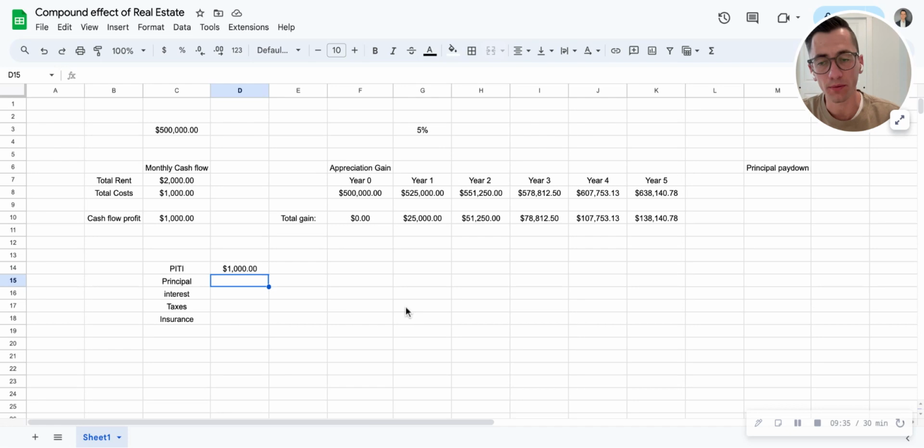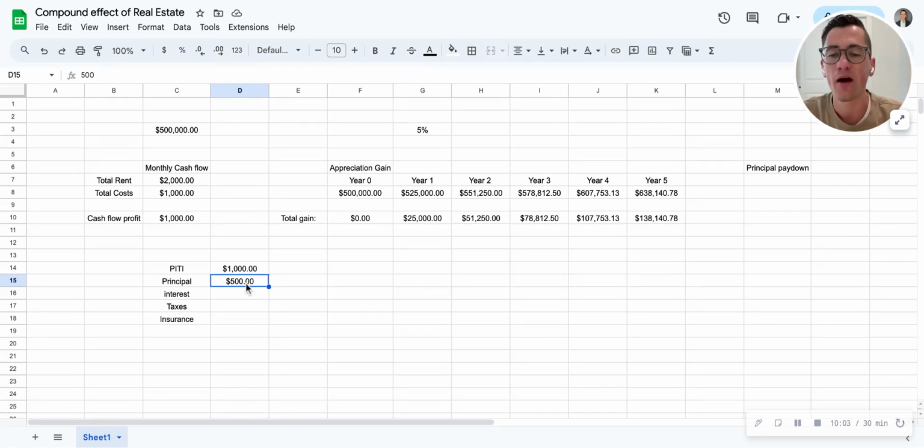Of that, your principal is what you're paying towards actually paying your loan off, right? Depending on what your interest rate is, it's most likely going to be somewhere around half to start with. So half of your monthly payment is going towards paying off the loan that you get on your house. You put down a 20% down payment, and so you have 80% left that you're paying back as your mortgage payment.